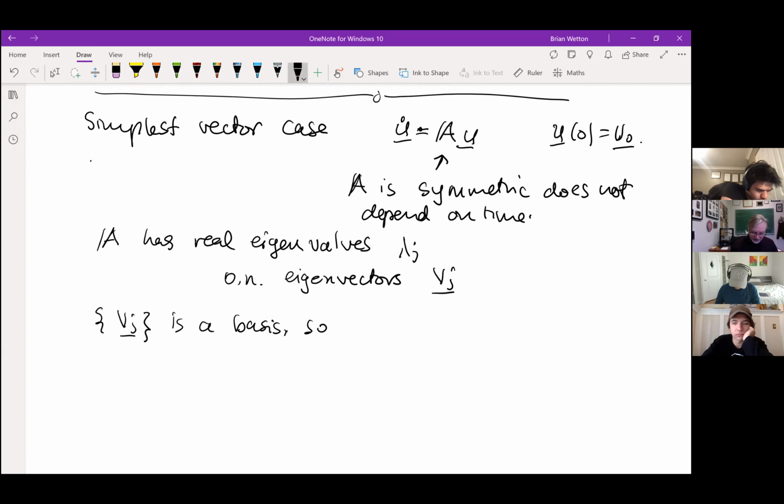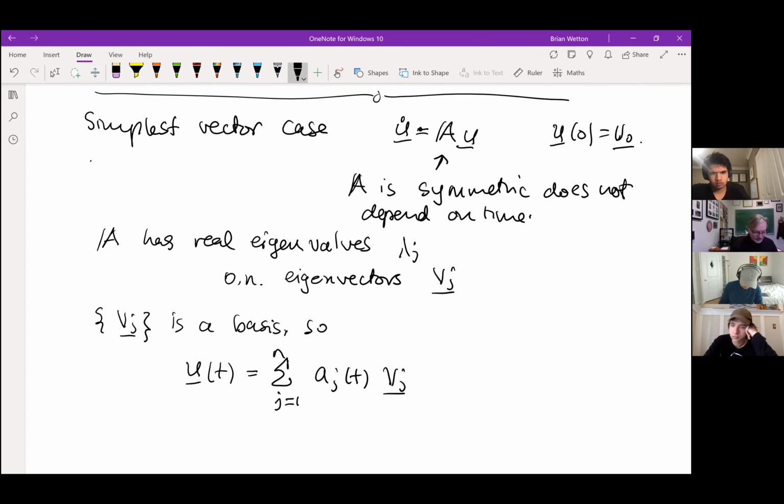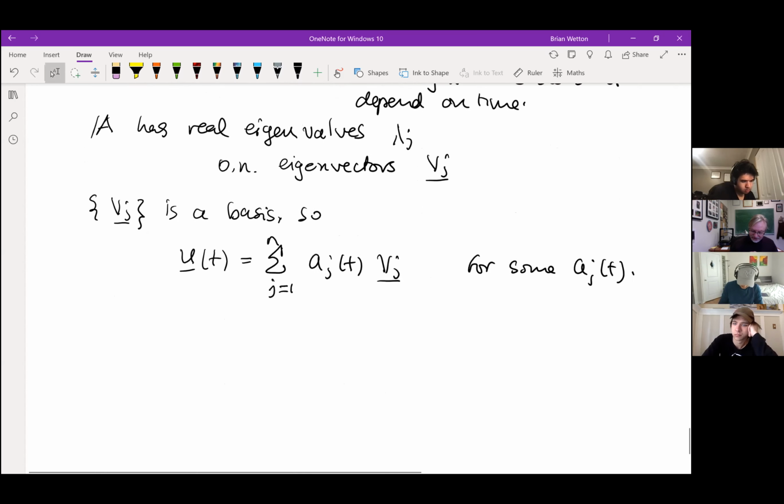Right, so that means I can write any vector as a linear combination using these guys. So without any relevance to the differential equation yet, I always can write a vector. So at any time, I can write the vector as a linear combination of these eigenvectors, for some coefficients.